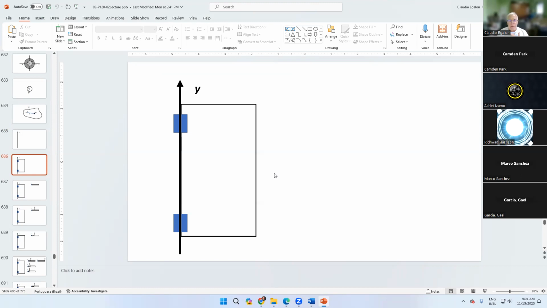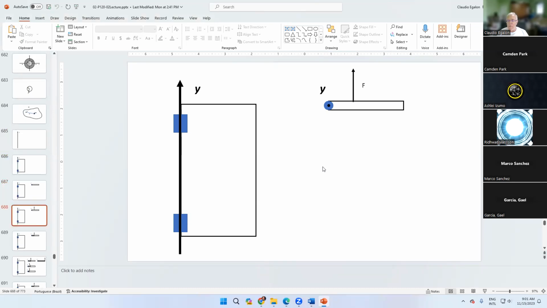The door can rotate around this hinge, and the axis of the hinge coincides with the y-axis. If you look from the top, that's how we're going to see it, right? The door and the hinges are here. Here's the axis of rotation of the hinge.